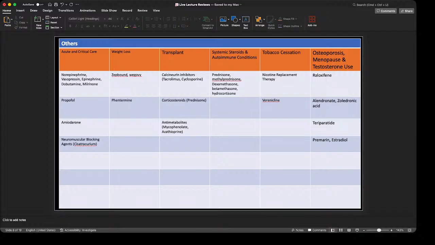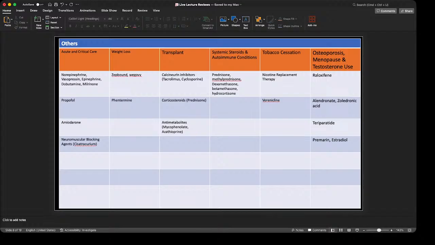cisatracurium, weight loss medications. I'm sure some of you have seen that they have now approved the Wegovy tablets for weight loss, so some of you might have already dispensed it. Those are very expensive medications, but some patients are only able to tolerate the tablets versus the injectables.